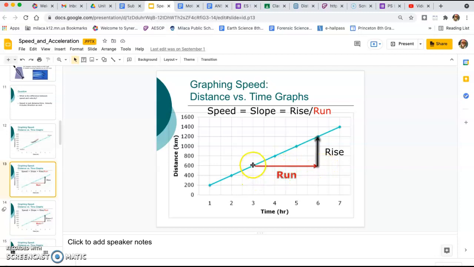My first point would be 3 hours. My second point would be 6 hours. So 6 minus 3 is a total of 3 hours. So my rise is 600 kilometers. My run is 3 hours. So the rise over the run, 600 over 3, will be 200 kilometers per hour.